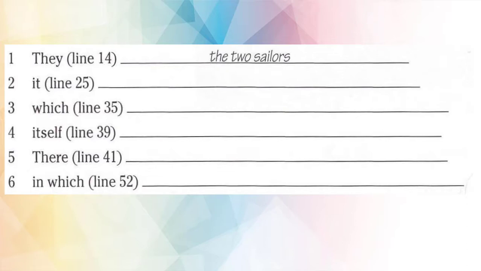They in line 14 refers to the two sailors. Number 2. It in line 25 refers to good, the signal. Number 3. Which in line 35 refers to the beacon. Number 4.